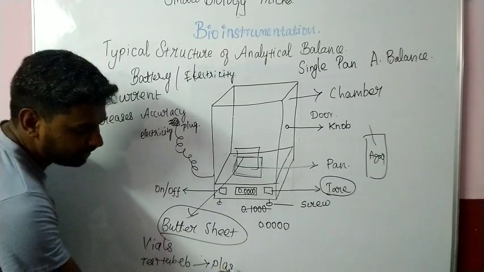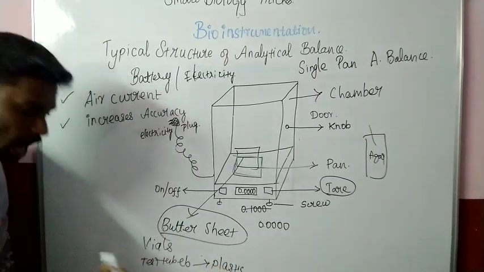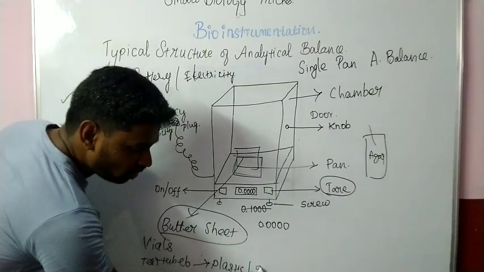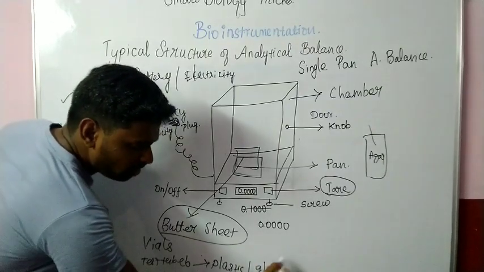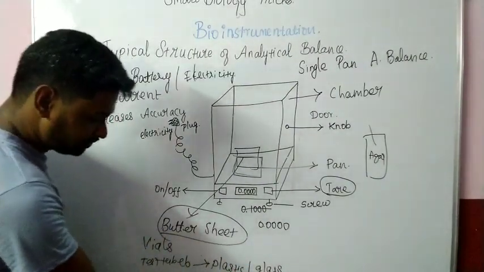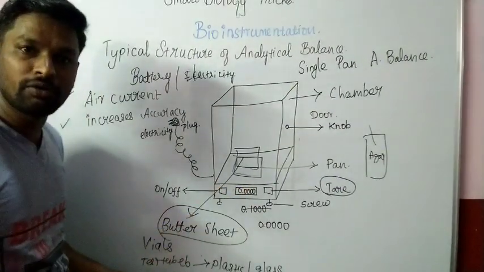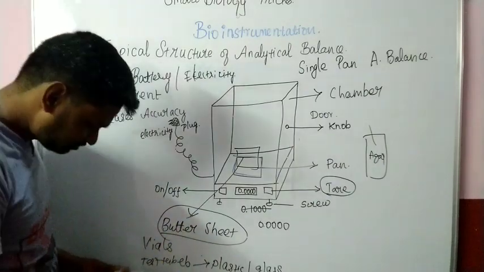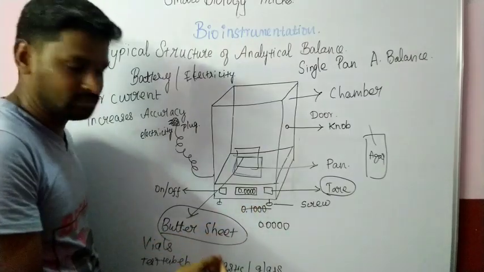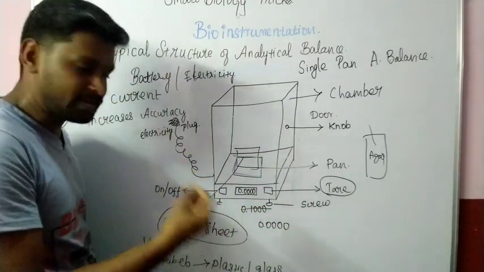You can use any kind of object for measuring the unknown object. It may be plastic, or it may be glass, or any kind of material can be used. Whatever object you are using for measuring your unknown mass, the weight of that object should be subtracted.